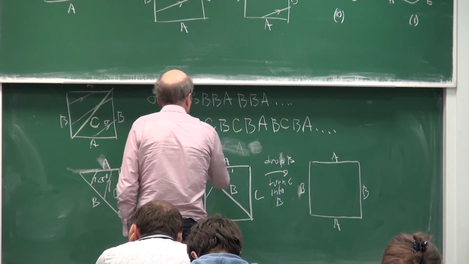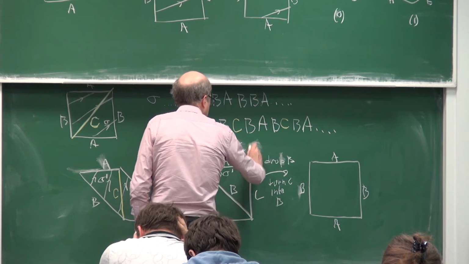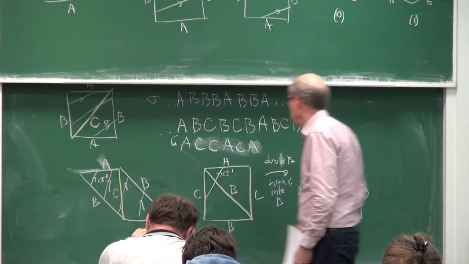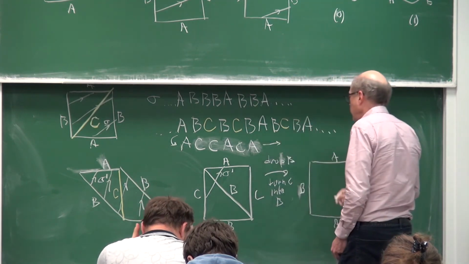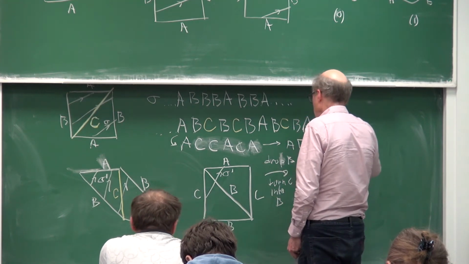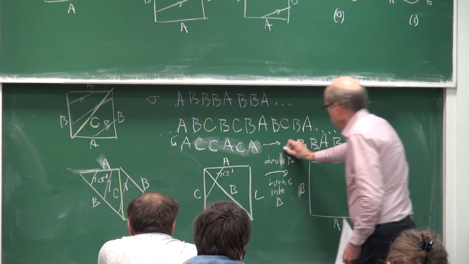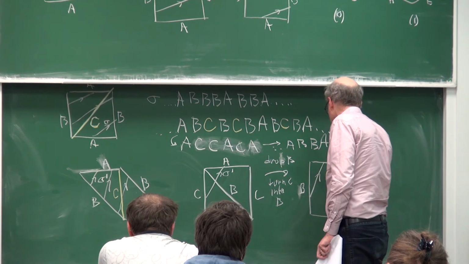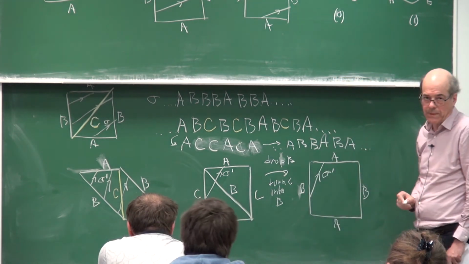So I get A, C, C, A, C, A. Okay, so I drop the B's, and now I turn the C's into B's. I get a sequence A, B, B, A, B, A. So this is the actual sequence corresponding to this new trajectory sigma prime.